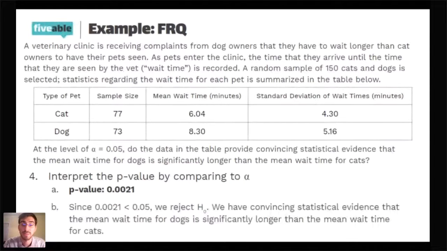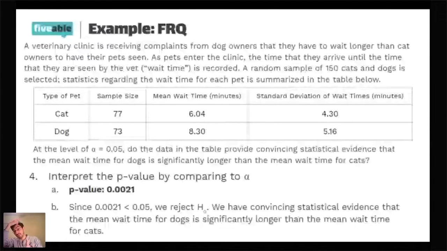So here is a sample sentence that would get full credit. The first sentence knocks out the first two components. Compare the p-value to 0.05, say what we do to the null hypothesis, and then the end of it is, in context, what we can say about the alternative. And it's quite literally, I tell my students, copy and paste the question into your statement. So whatever comes after convincing statistical evidence of that, just write that at the end.